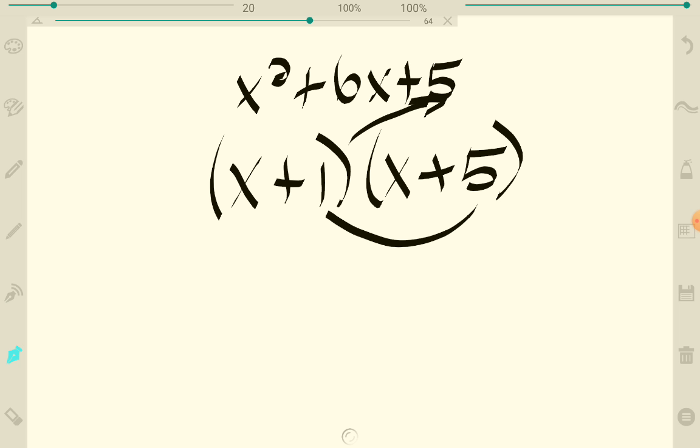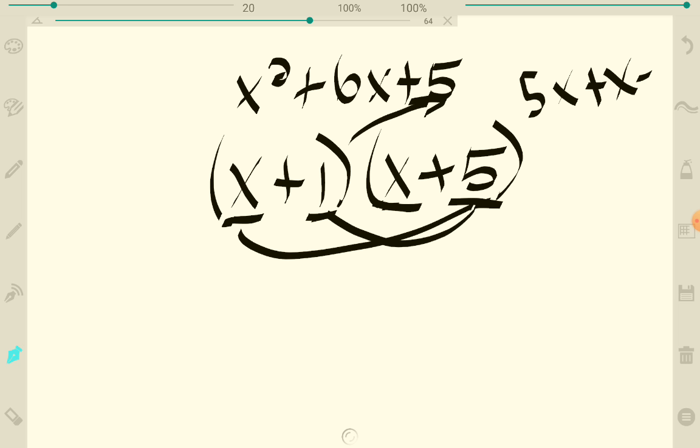And 5 times x is 5x, and 1 times x is x, so we get 5x plus x, and that equals 6x, which we have over here. And that problem fits perfectly.